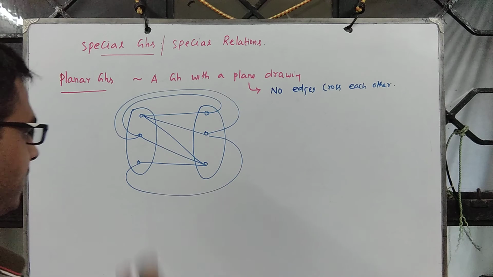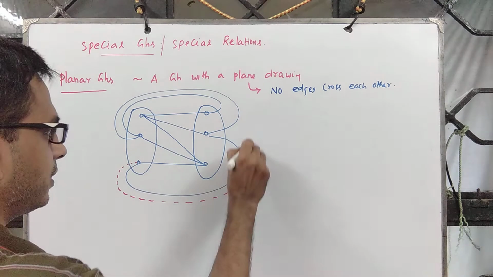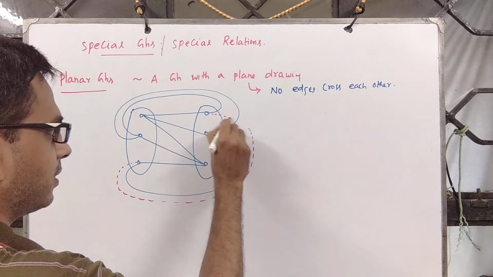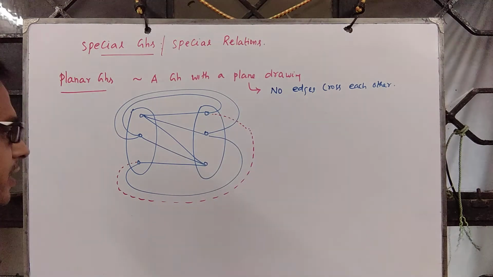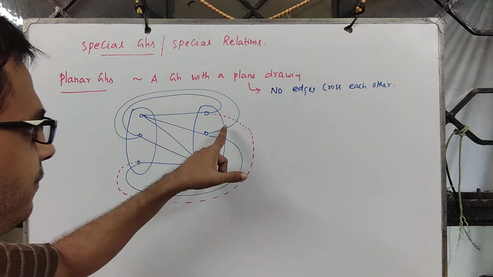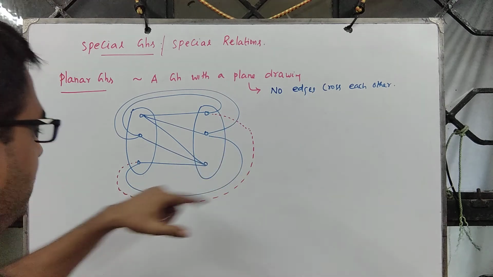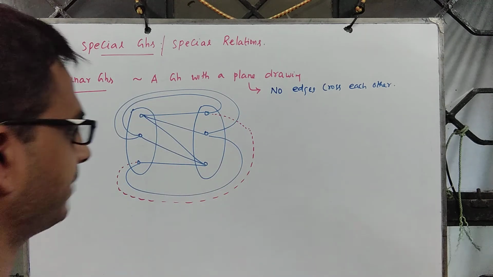Now you see that we need to draw one more edge from this to this, which is not possible. When we try drawing from this to this via this, then we need to cross this. If you go like this also, it's the same thing.